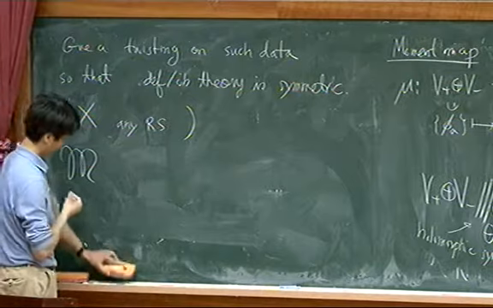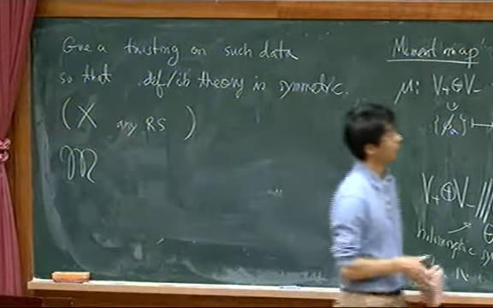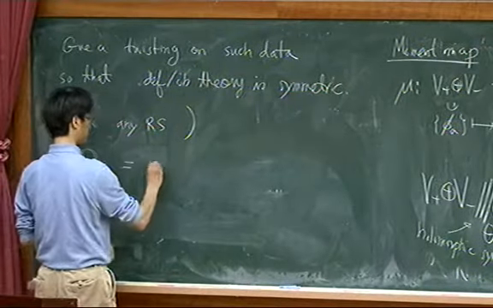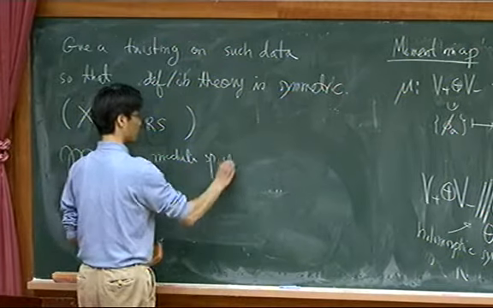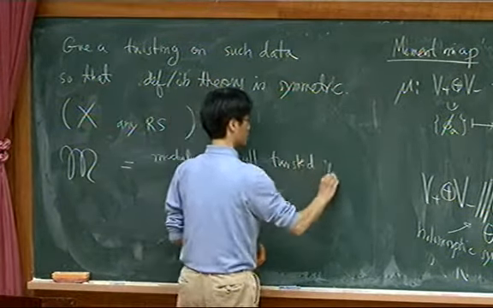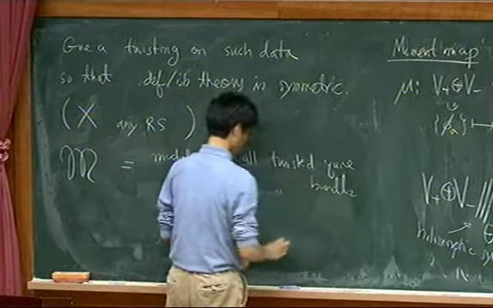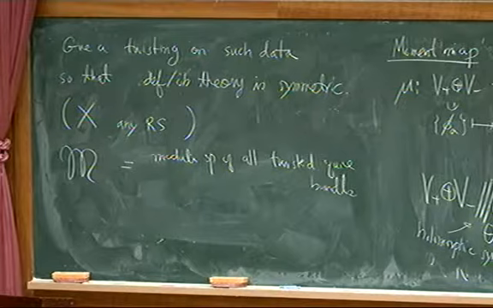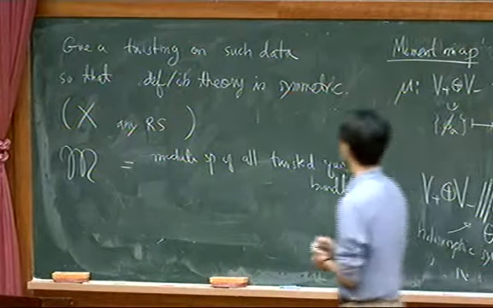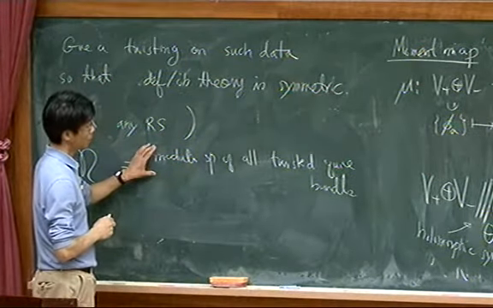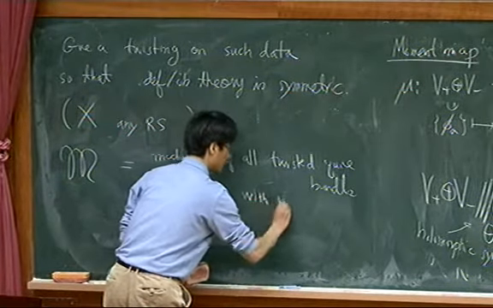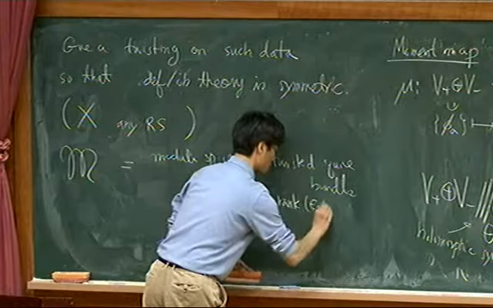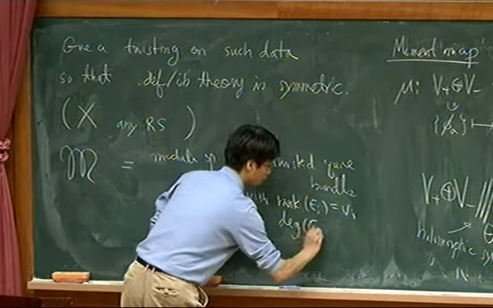So I'd like to consider the moduli space of all twisted quiver bundles. Once we fix the quiver and the dimension vectors v_i, so the rank is the dimension vector v_i, and also the degree, let's fix the degree of E_i to be d_i.